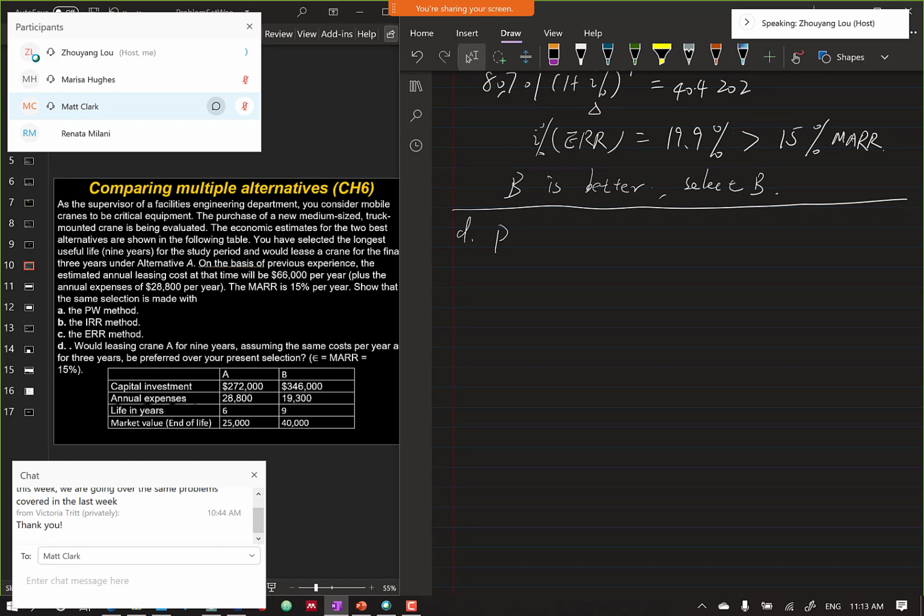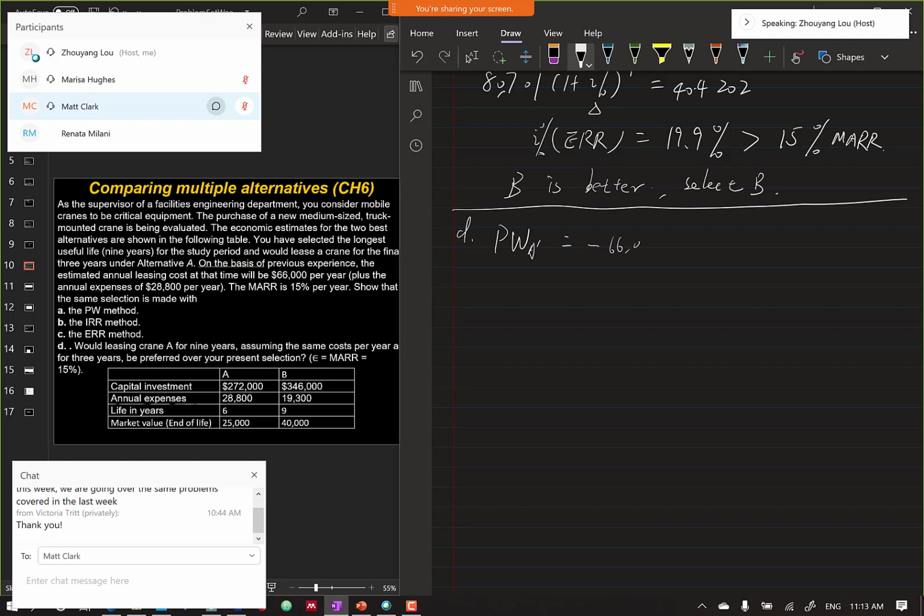And then the present worth of the current new project will be, since that's just a leasing, so we only have the annual expenses.